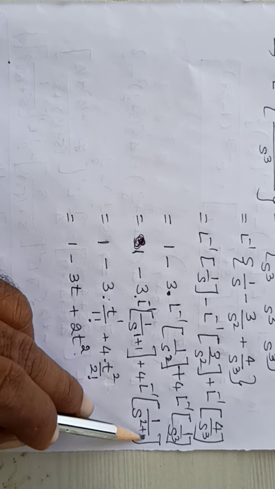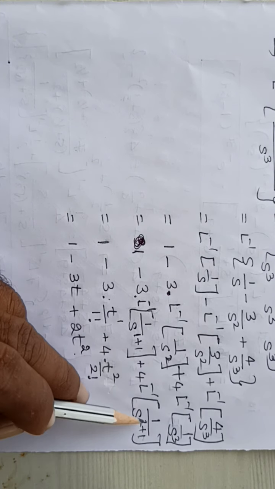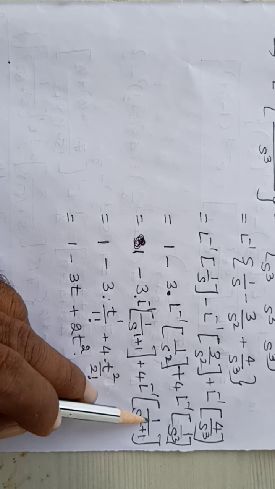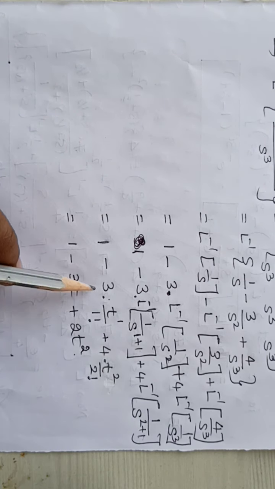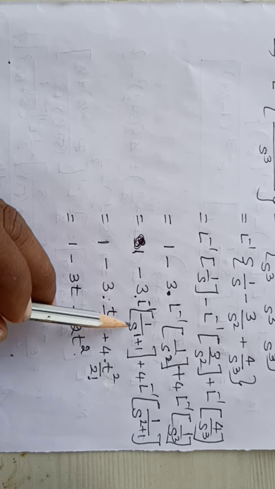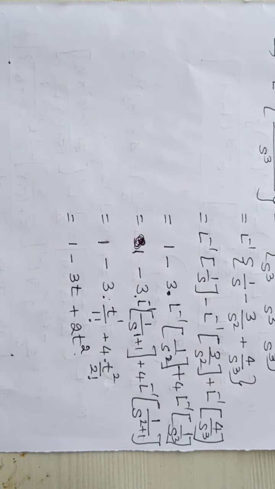If it is 4 then 1 plus 3, if it is 5 it is 1 plus 4. So n becomes 1 here, n becomes 2 here.